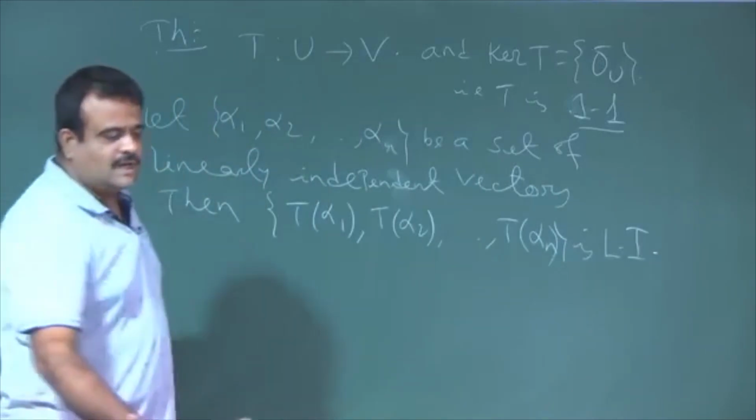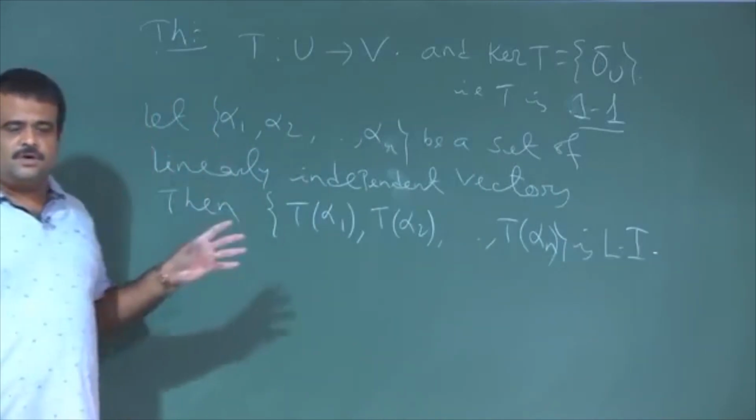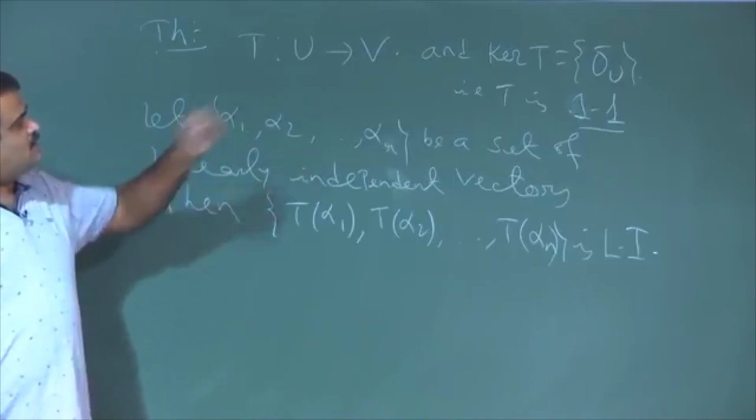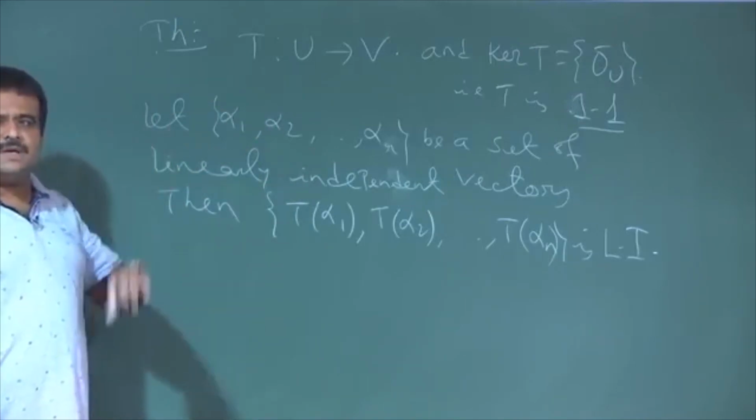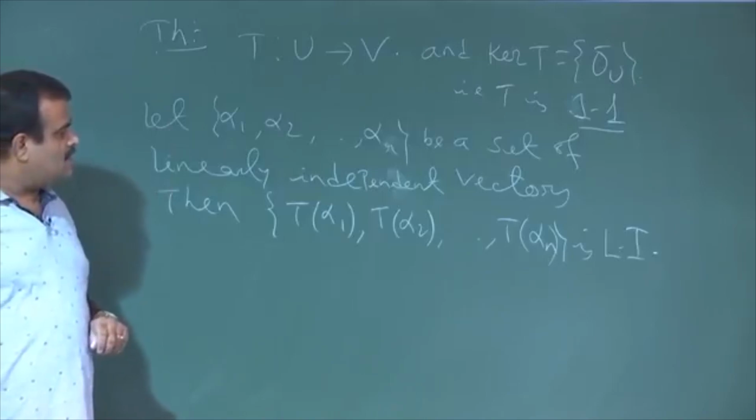So, if you take a linearly independent set of vectors in U and if T is 1 to 1, then it will give us a linearly independent set of vectors in V.